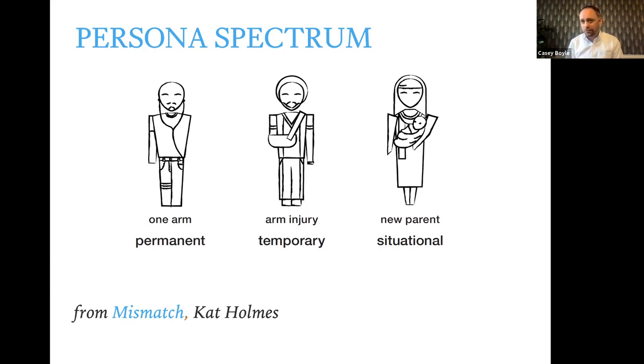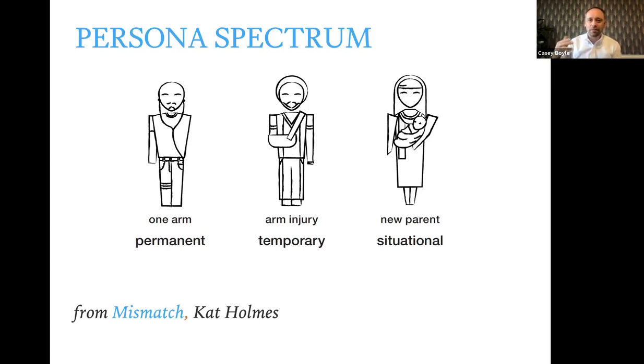It can be permanent, in terms of the one arm situation. It could be a temporary disability with, for instance, a broken arm. It could be situational, a new parent or carrying groceries or something along those lines, right? And another thing that's really great about this book is that it talks about our notion of normality and ability as always being somewhat temporary.